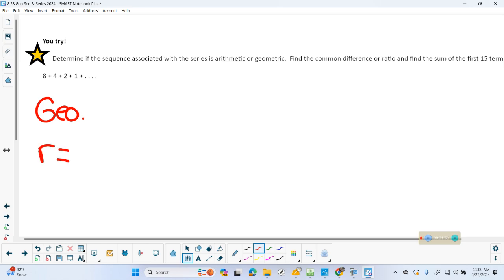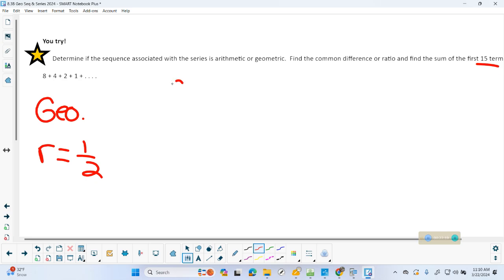So you figure that out for me next. 1/2. Agree. Okay, and same thing, we're doing the sum of the first 15 terms. So you have to know what formula to use. I don't have it written on the board. Which number formula is it on your sheet? It's the fourth one. It's the one we did today.